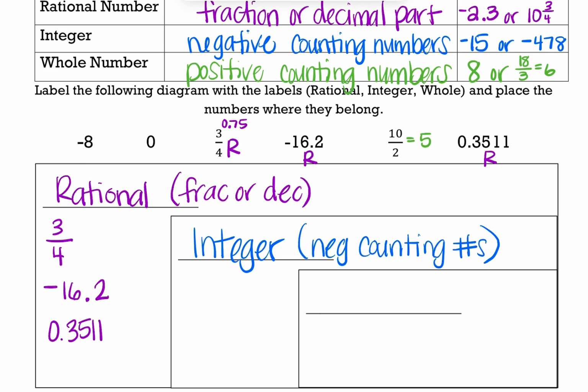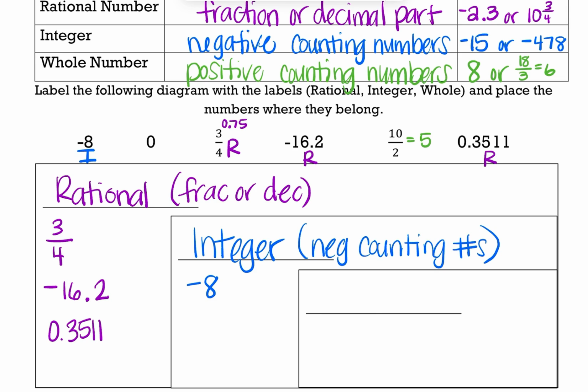So I'm going to grab it, write it in here, and label it with an I for integer. And I'm going to keep going. Is 0 a negative counting number? No. We've already eliminated this one and this one. Is 5 a negative counting number? No. Is this one? No, we already eliminated it because it's a decimal. So the only one that counts as an integer would be -8.